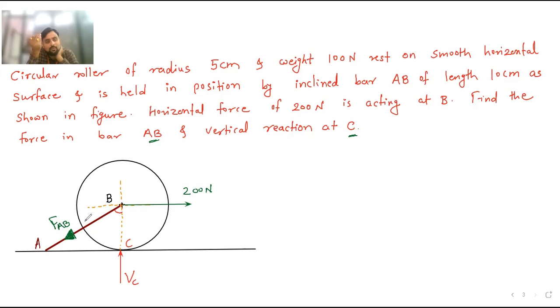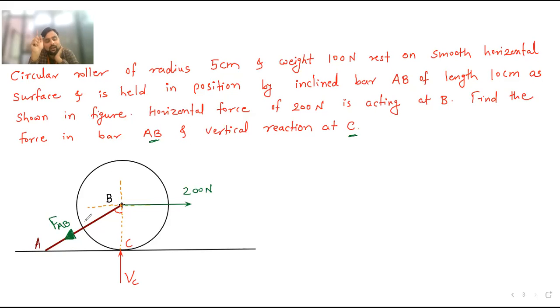Here FAB force we have to find out, VC also we need to find out. We have assumed that VC is moving upward. If we get positive answer, well and good. But if we get negative answer, then we can say that it is moving downward, not upward. Similarly, for bar AB, initially we have assumed that pull is there, tensile force is there.